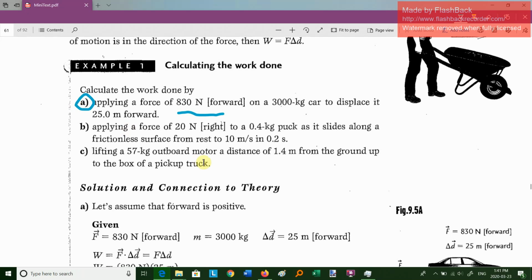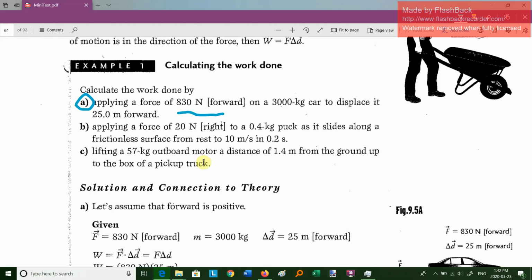Oh, there you go. So all you're going to do is you're going forward, so my theta, my angle between the force and displacement vector, is 0. And the cosine of 0 from your unit circle that you're all experts on in math is 1. Cos of 0 degrees is 1.